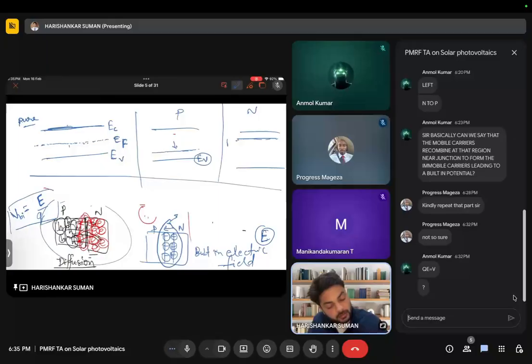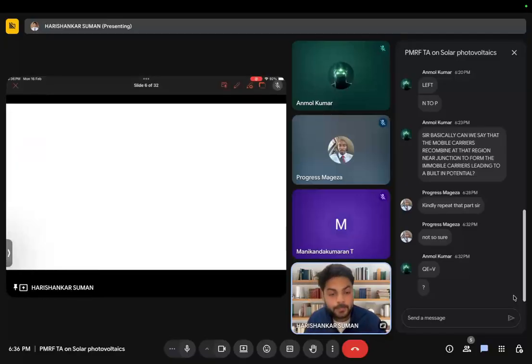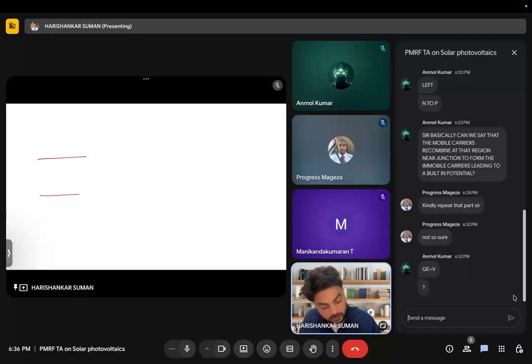This is the Fermi level for n type, and this is the Fermi level for p type; one goes up and one goes down. So we have the Fermi level for p, EF,p, and for n type, EF,n.